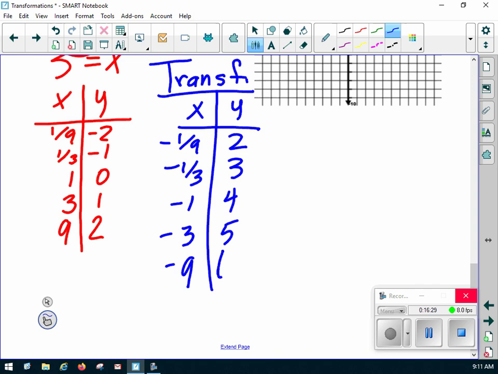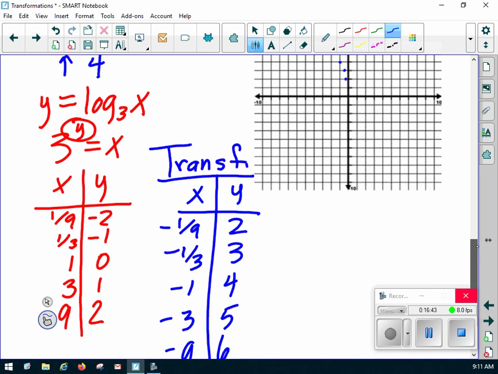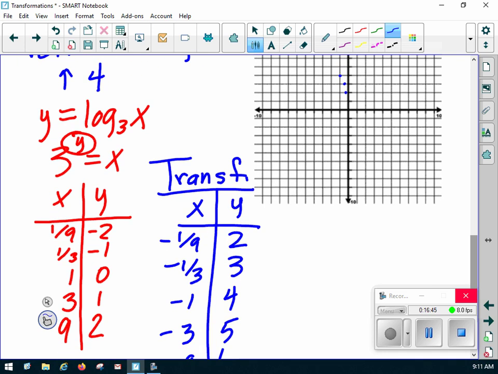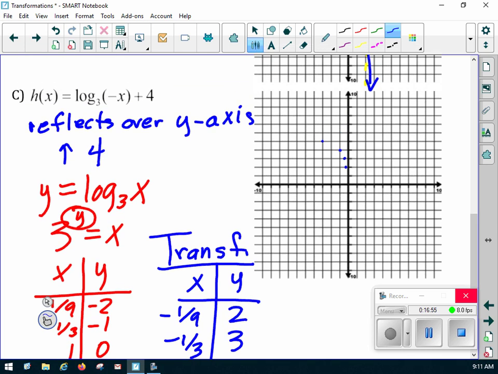Okay, plot them. Negative 1/9, 2. Negative 1/3, 3. Negative 1, 4. Negative 3, 5. Negative 9, 6.